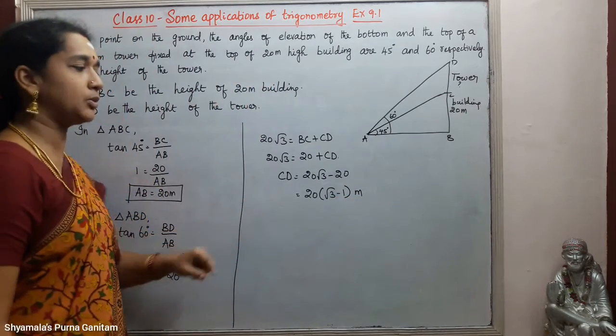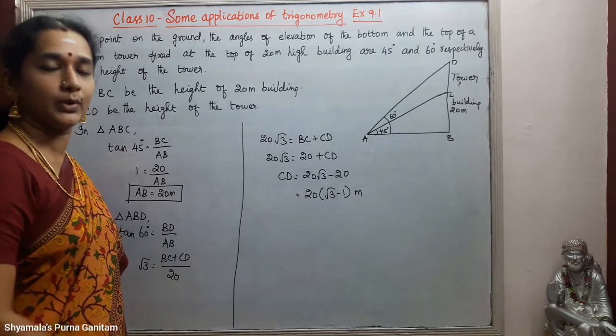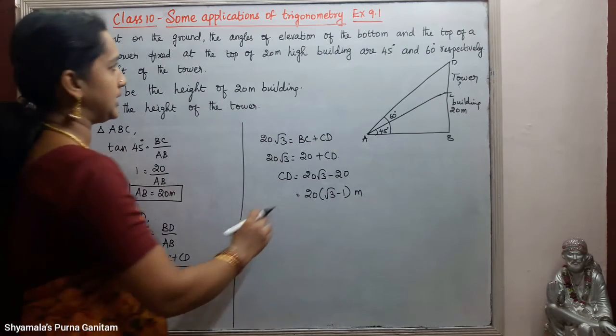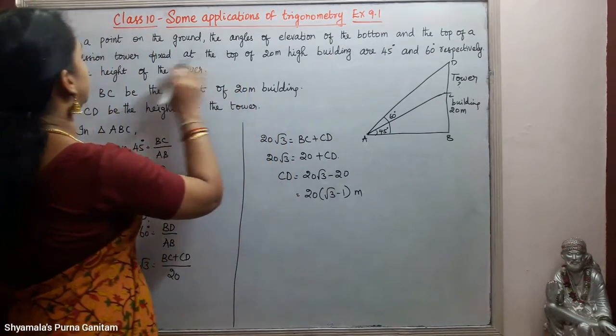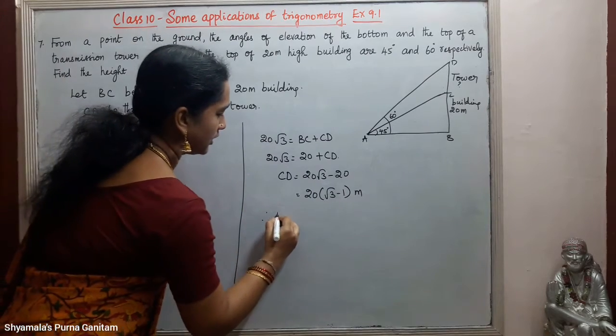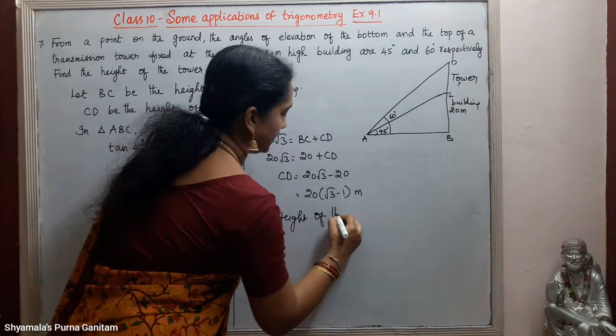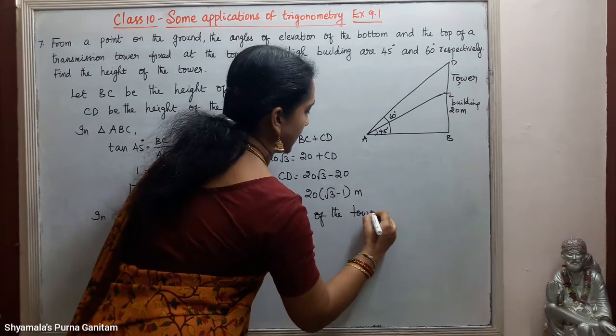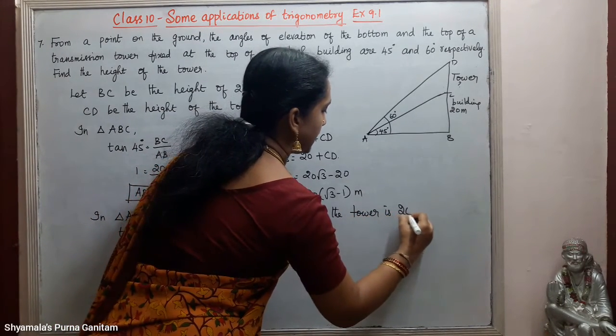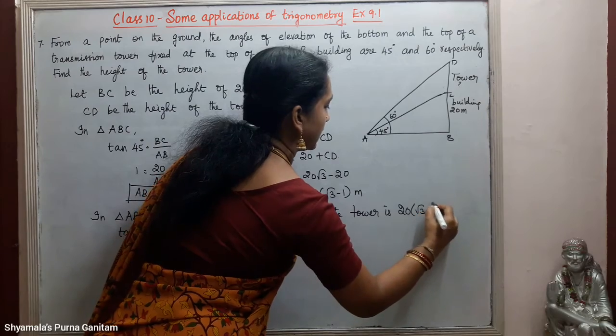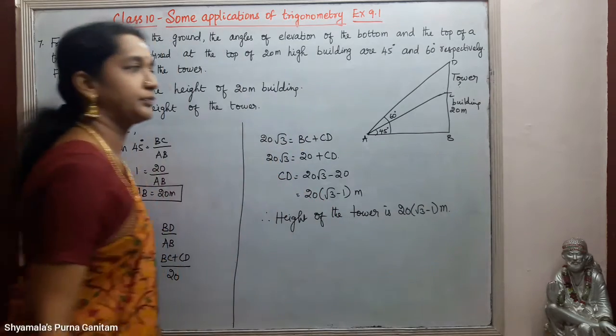So CD is equal to 20 into root 3 minus 1 meter. That is the height of the tower. Therefore, the height of the tower is 20 into root 3 minus 1 meter.